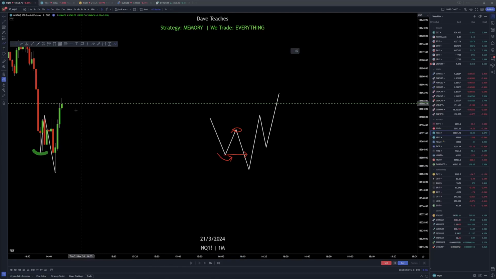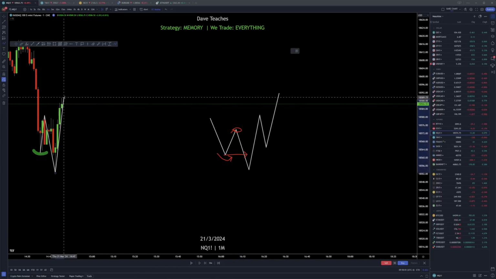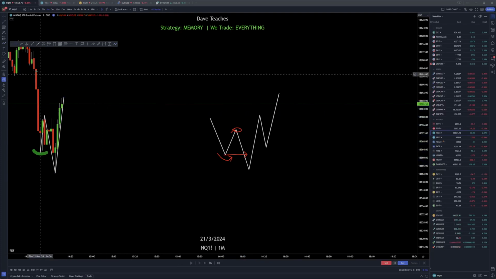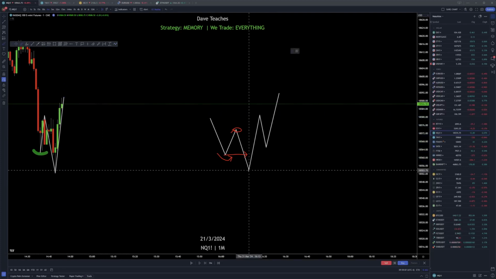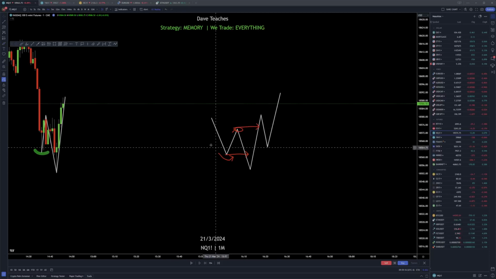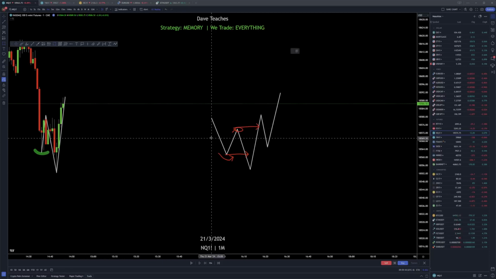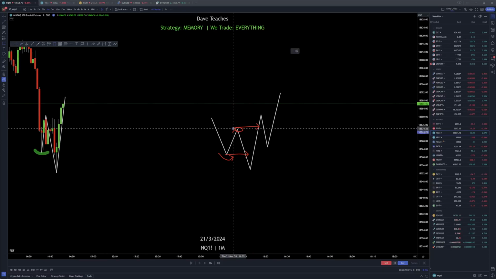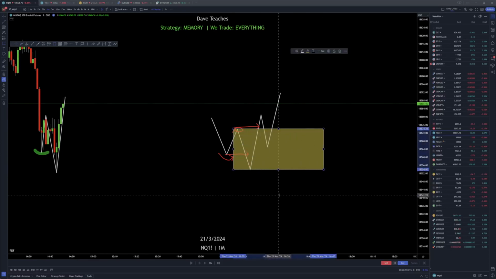So what we end up getting is price trading up above it, like that. It's equivalent to this same move, trading up above that high, right? So when we get up above that high, what we end up taking is the previous zone, right?